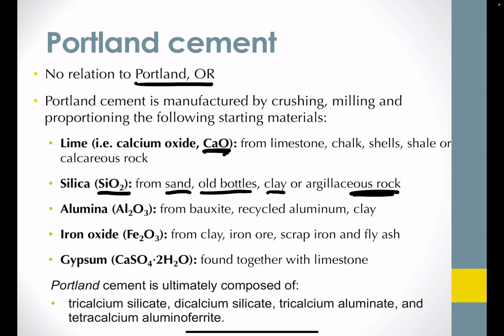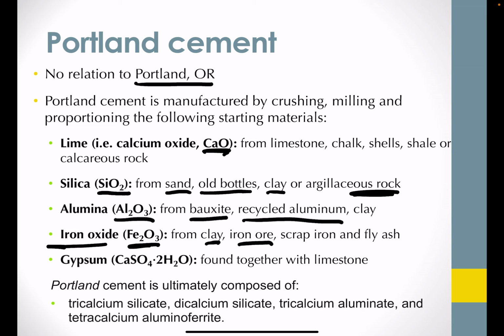Alumina is another starting material, formula Al2O3, and we can form it from bauxites or even use recycled aluminum or even some clays for this source material, as well as iron oxide can be included, so Fe2O3 is the formula there, and this can be accessed from clays, iron ores, scrap iron, and even fly ash.